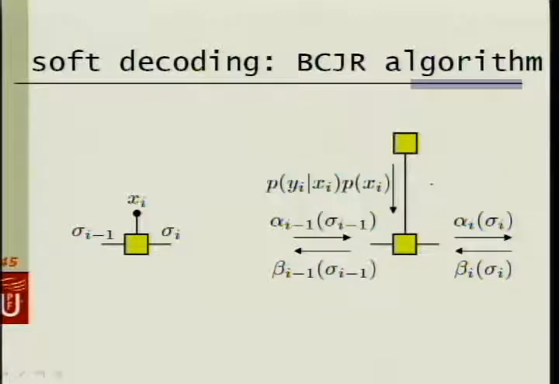You might be familiar with the BCJR algorithm, the Bahl, Cocke, Jelinek, and Raviv algorithm. We may discover in a very easy way that the BCJR algorithm is just the sum product algorithm applied to the linear version of the vector graph. No more, no less. So if we apply the sum product algorithm to that structure, we have exactly the BCJR algorithm.